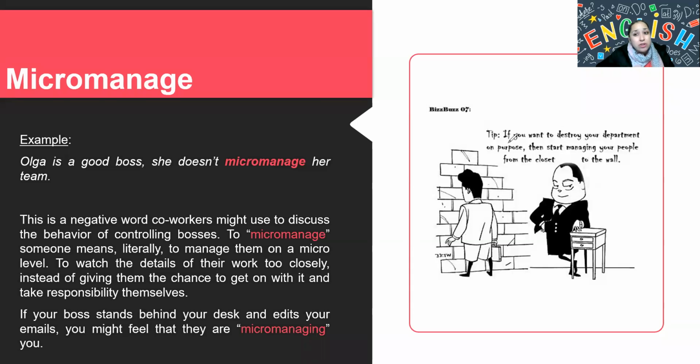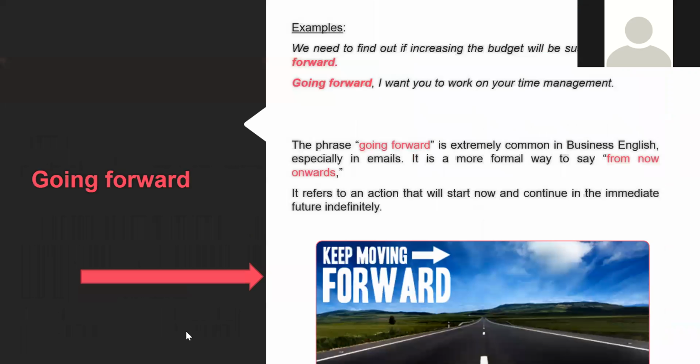If you want to destroy your department on purpose, then start managing your people from the closet to the wall. So like, don't give them any voice, push them down, look at them down, treat them wrong. So that's micromanagement. Don't do it. You already know that that's not leadership, but it's often used, the word micromanage.